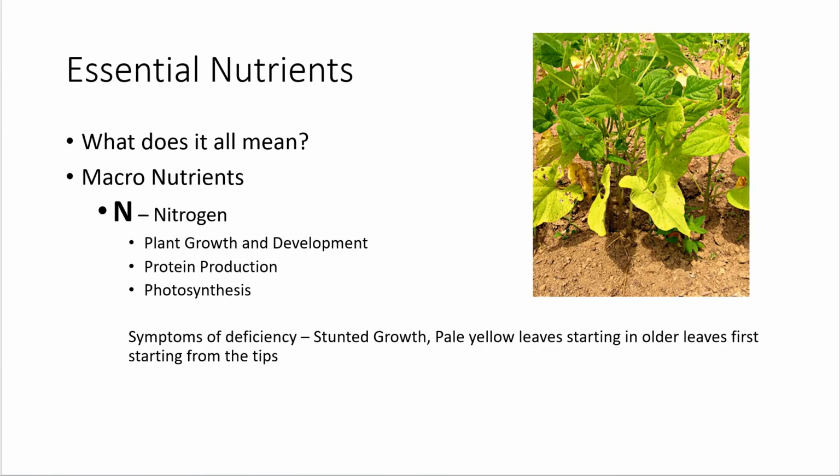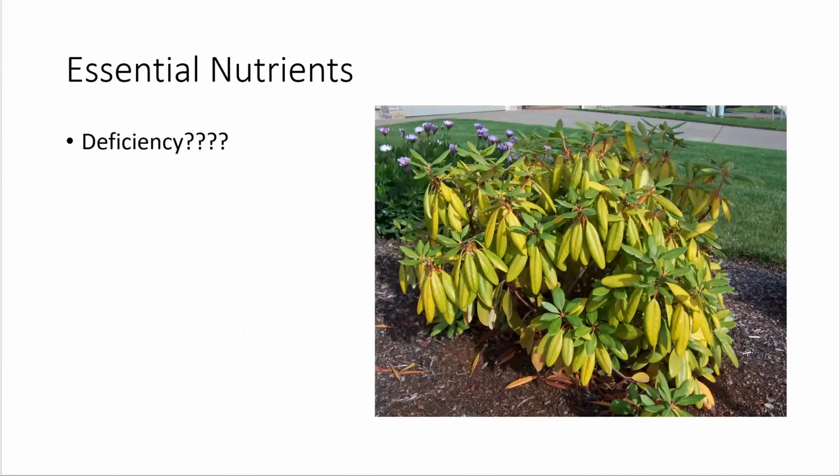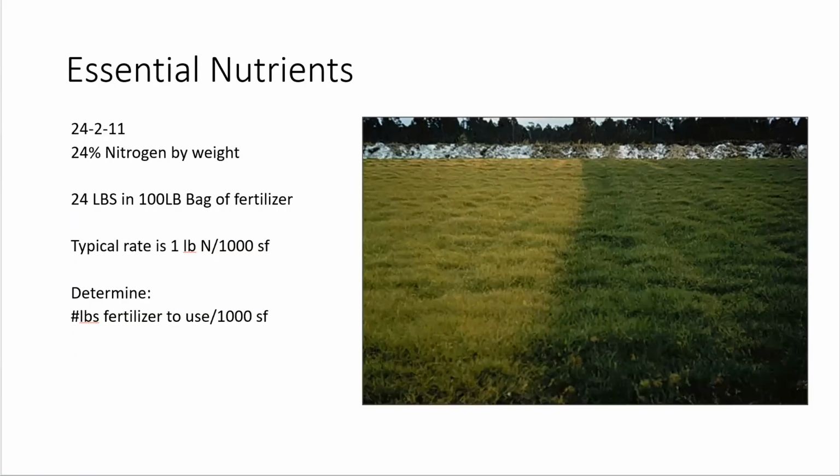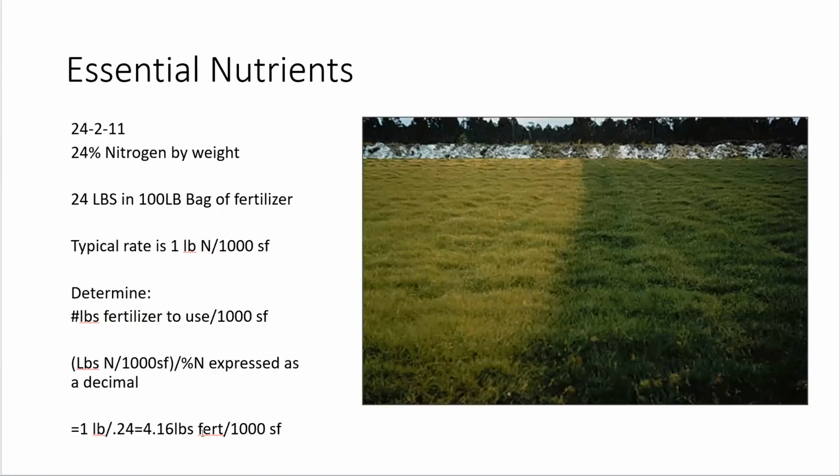And then also being cognizant and aware of recognizing whether it is a nutrient deficiency or some sort of other abiotic plant disorder, mechanical plant disorder, etc. And then finally, how we figure out how much fertilizer we need to put down in order to apply a certain decided upon amount of nitrogen or other nutrients per 1,000 square feet.